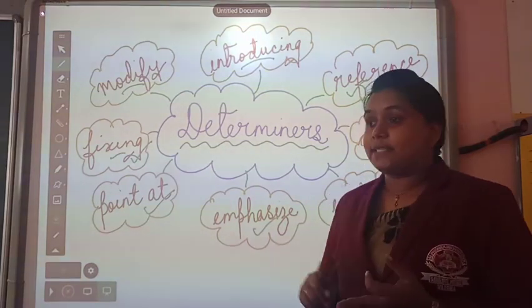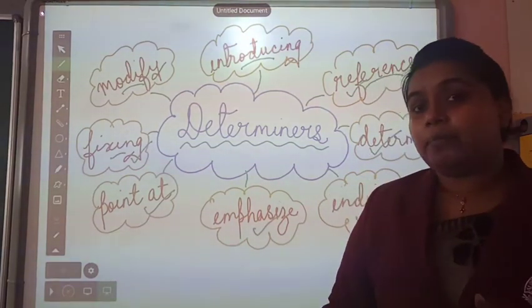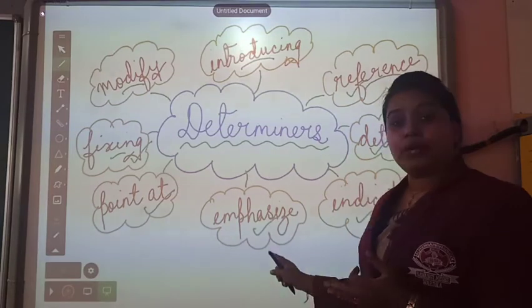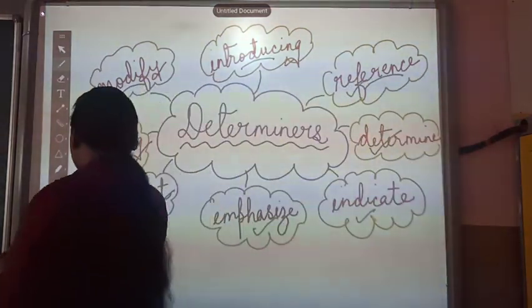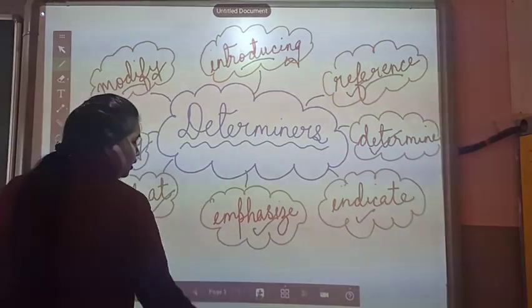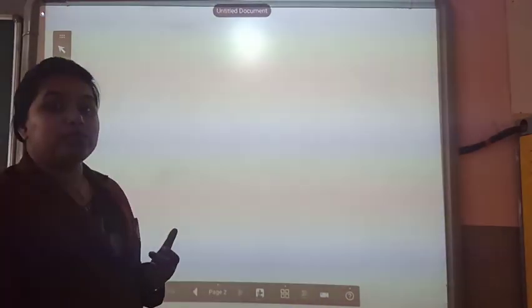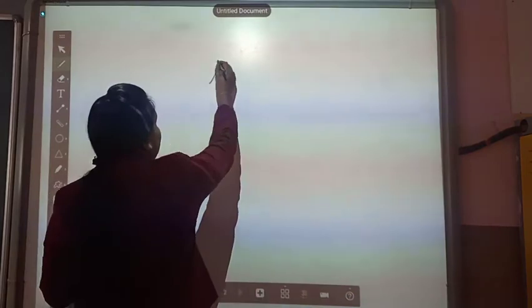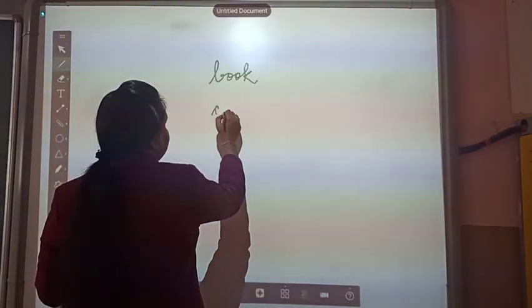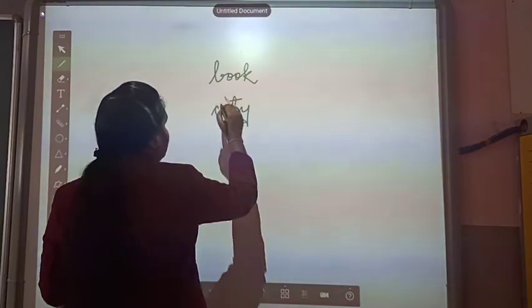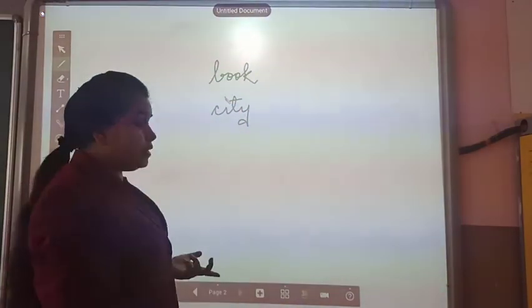Now, is it clear to you? No. Why? Because it will be more clear if I give you some examples. See, when I talk about nouns, it can be any object, any place, or any person's name.